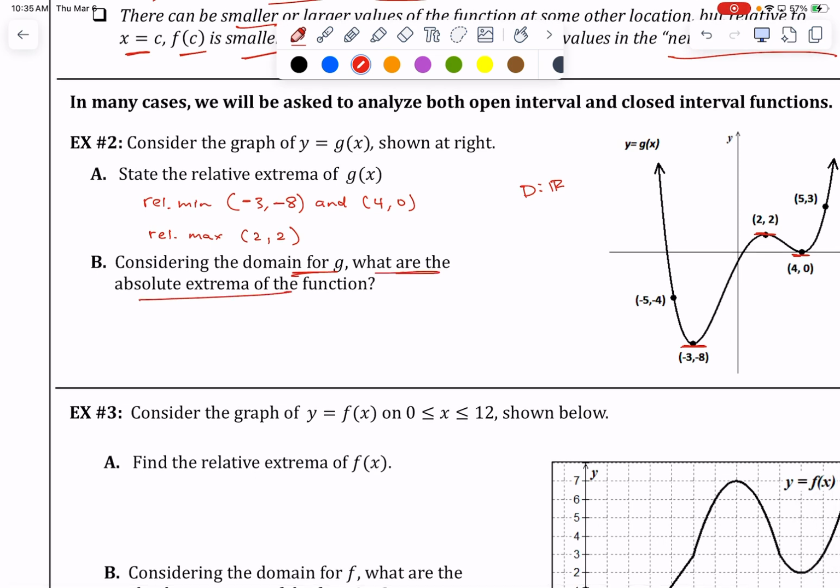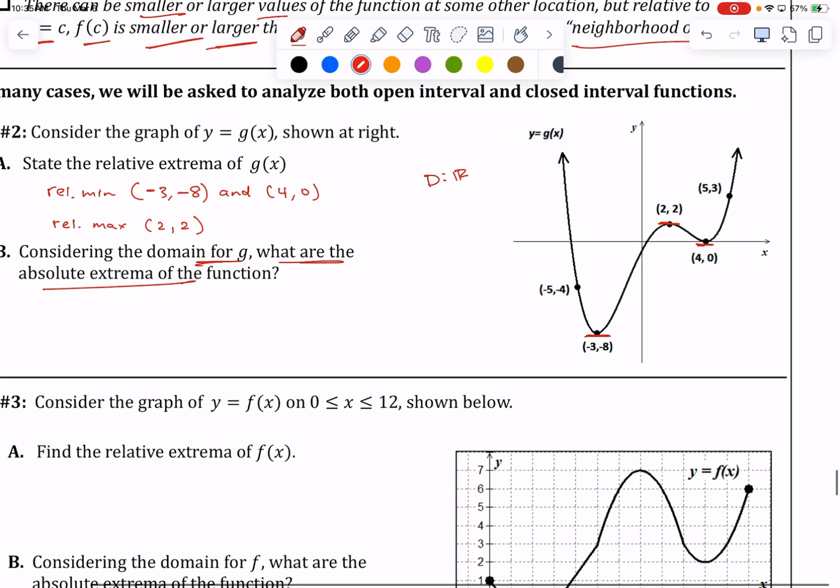All right, consider the domain for G. What are the absolute extrema? Now, here's the interesting thing. These are the relative maxes and mins. Some of these are a little bit more special than others because some of these can be classified as the absolute extrema. Now, notice, are you going to get both an absolute max and an absolute min here?